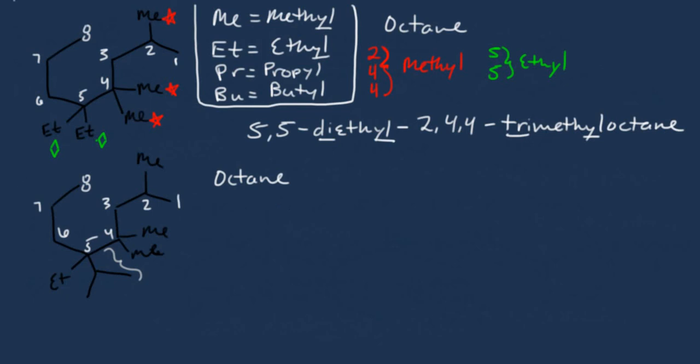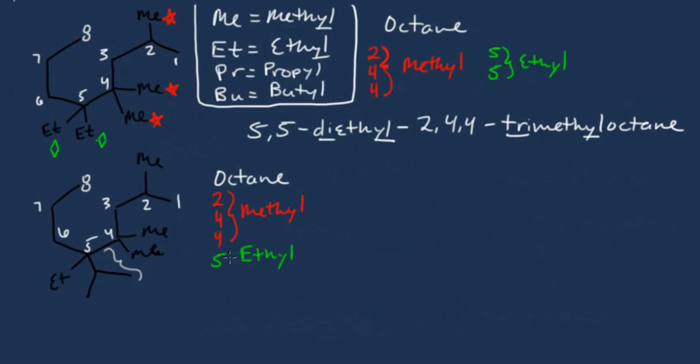And it seems like we have similar substituent groups of a methyl on the 2, and 2 on the 4. And then similarly, we have an ethyl group on the 5.